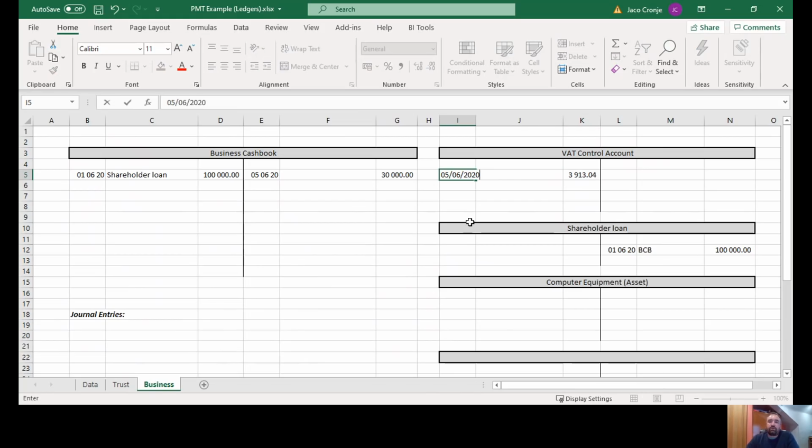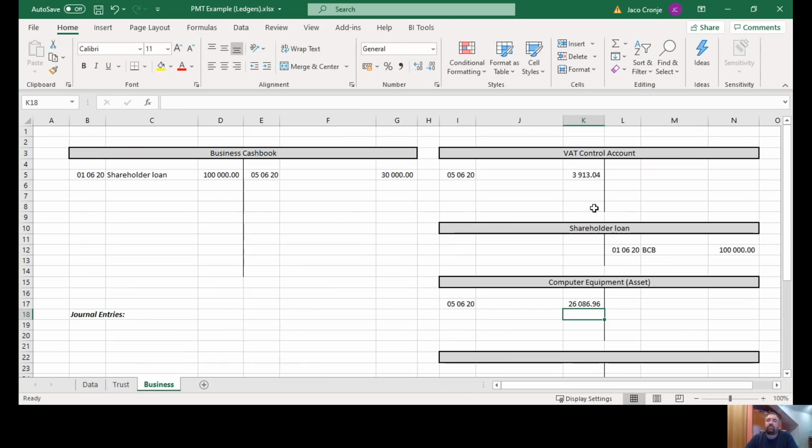That was on the 5th of the 6th. And now on the computer equipment, I will allocate the balance. To calculate the balance, we'll say it's that 30,000 divided by 1.15. Let's just check if I add those two together. Yes, you can see I get around 30,000. So my debits equal my credits.